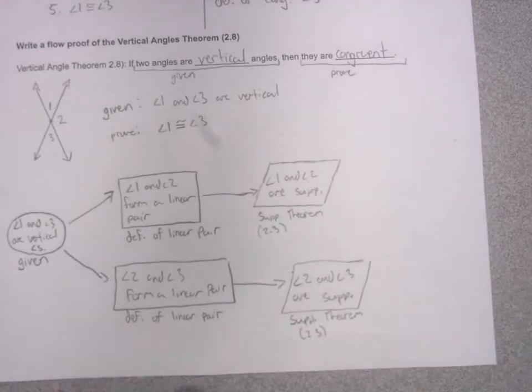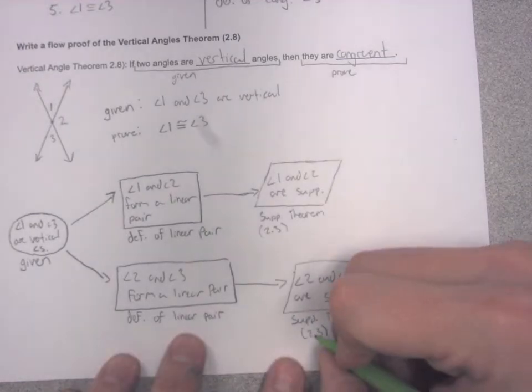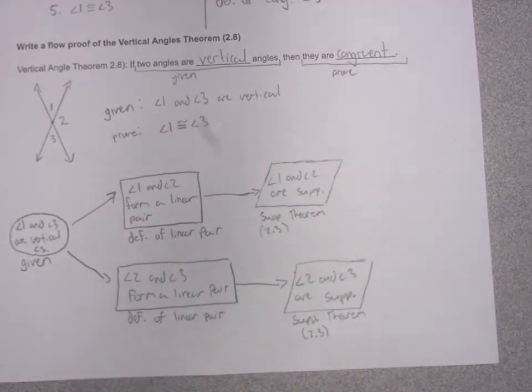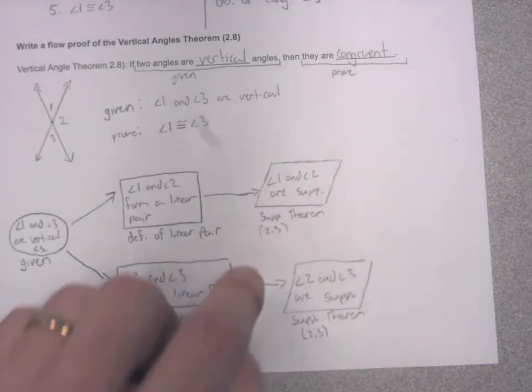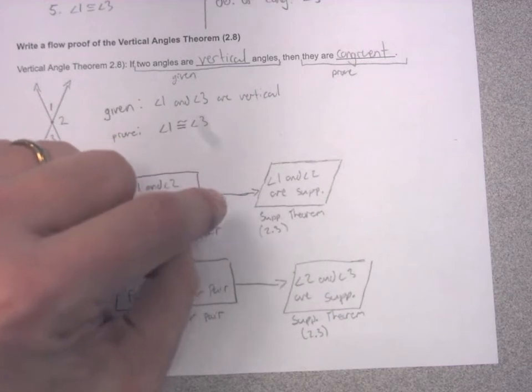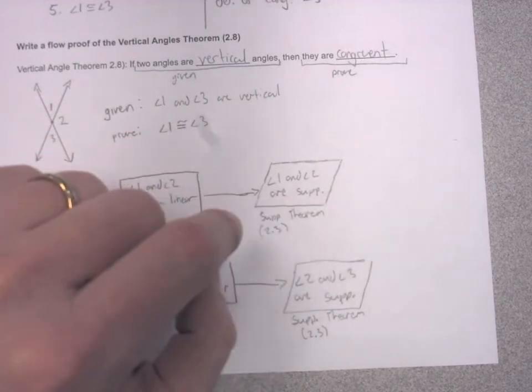Now when you're doing a proof and you're writing the reason, you may forget the name of those theorems. You may forget the number of those theorems, and that's okay. If that's the case, just write the theorem in shorthand. So if I didn't know this was called a supplement theorem, I would say, if two angles form a linear pair, then they're supplementary.